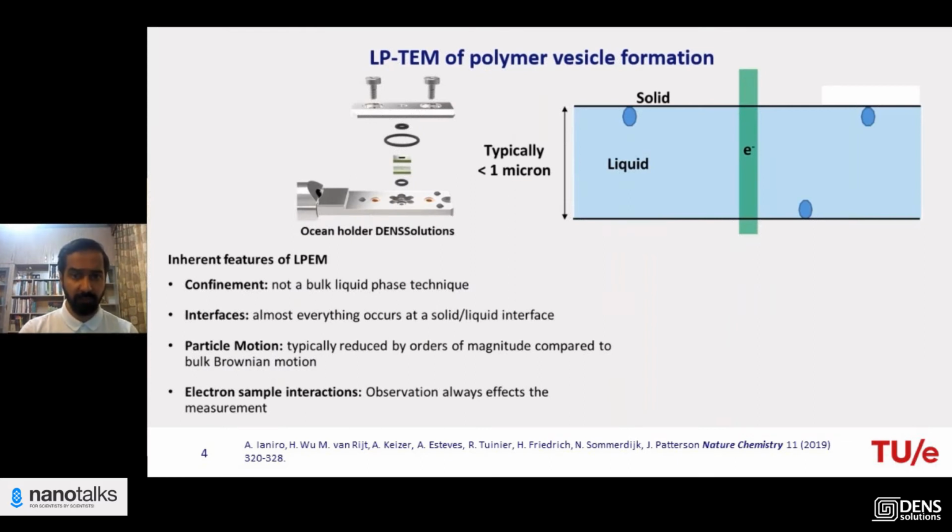The liquid phase TEM that has been done in the first part, in the first examples of my talk, has all been followed in an Ocean holder from DENSsolutions. In this holder, as you can see, you put a silicon nitride chip in the middle and you seal it with 2 O-rings, and then you fix it with the screws here.